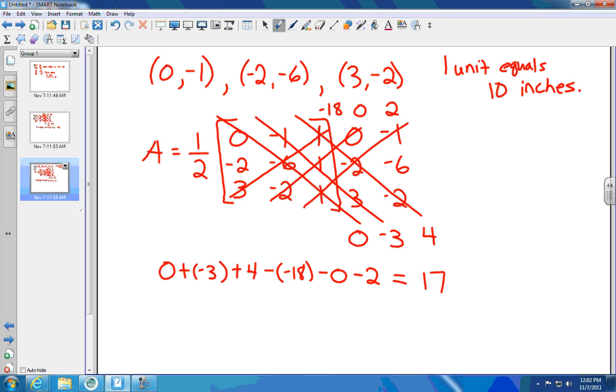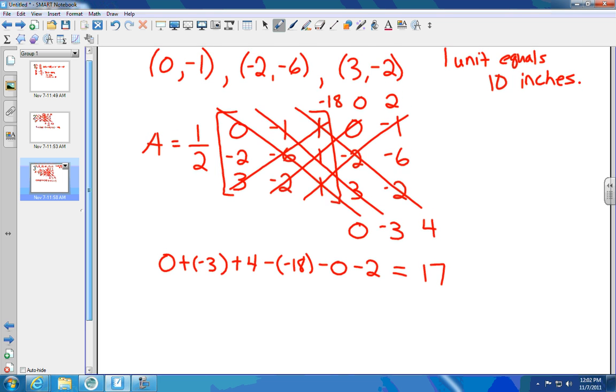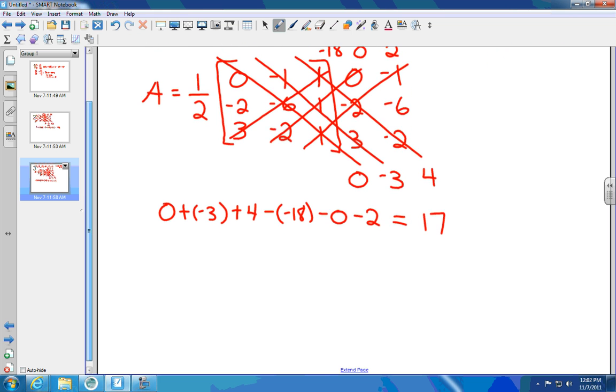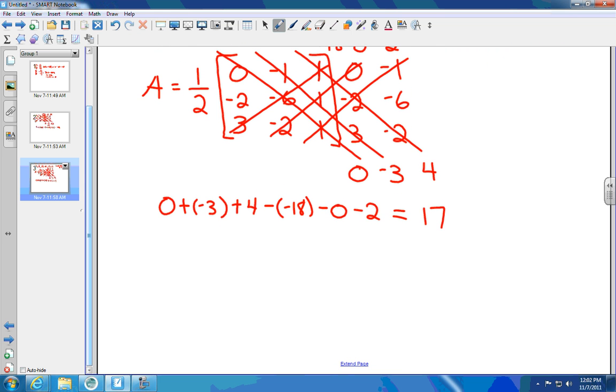So if our determinant then is 17, what do we have to do to that? Times it by 1/2 or divide by 2, which would give you 8.5. And then we have to convert that since 1 unit equals how many inches? So what do you think we would do there? Times by 10 and get 85, except this is area.